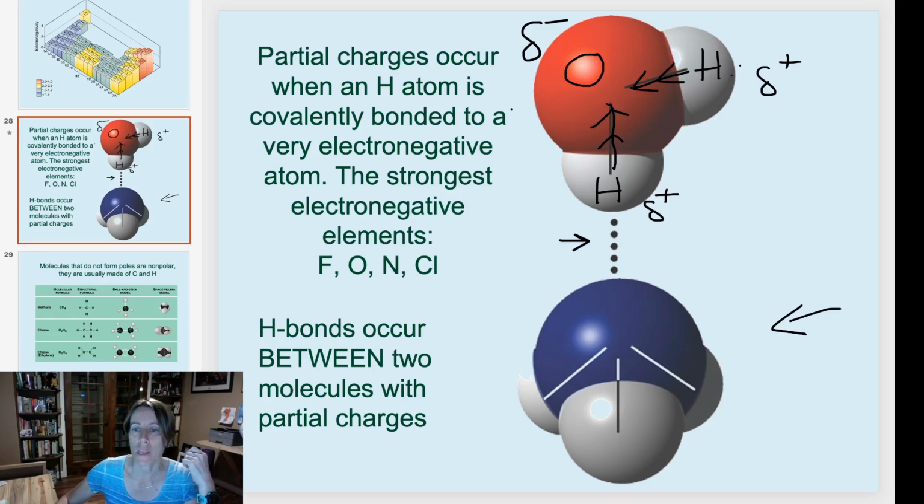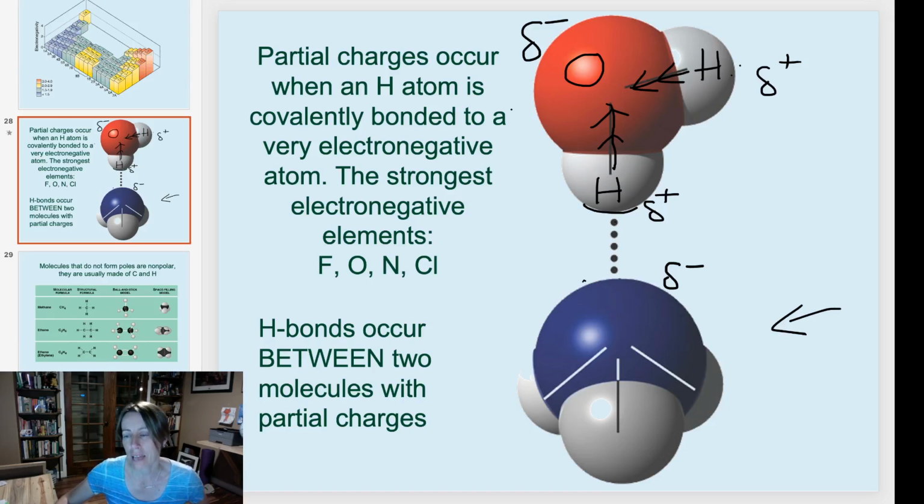And so if there's a weak attraction between this here and this here, and if the top is partially positive, it's got to be attracted to something that is partially negative, right? We don't know what this blue atom is down here, but we can say, based on what we know from up the top, that it's got to be partially negative.